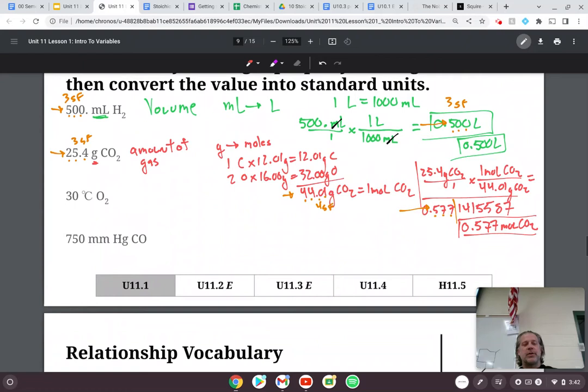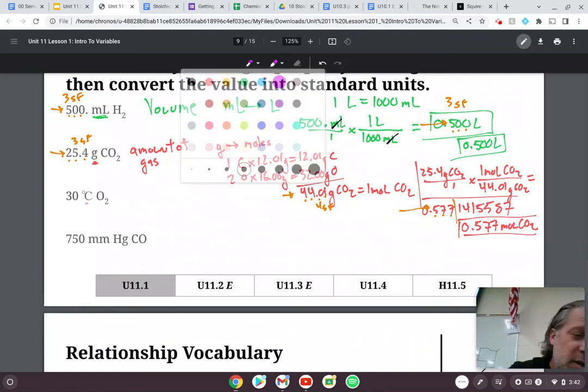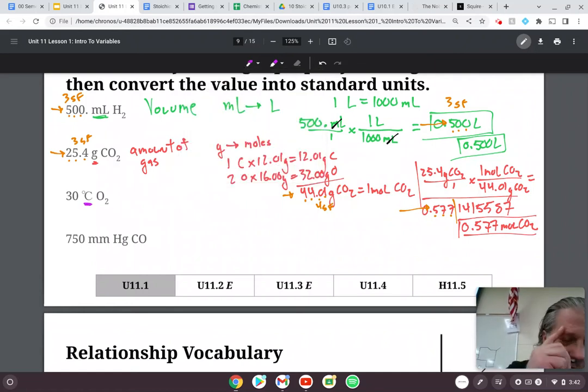Next one is 30 degrees Celsius. So this degree symbol, Celsius, tells me I'm thinking about temperature. Okay. So I'm just going to use that formula.